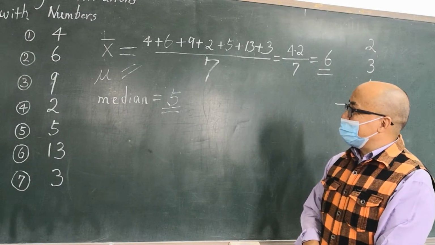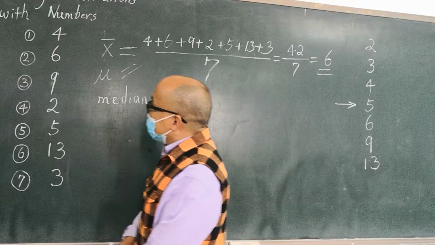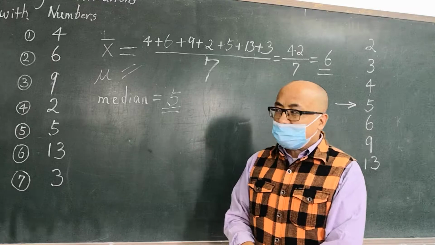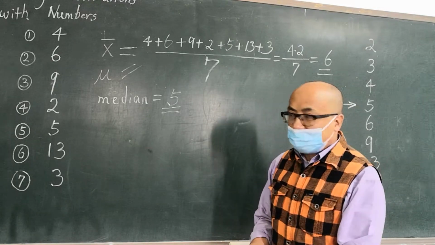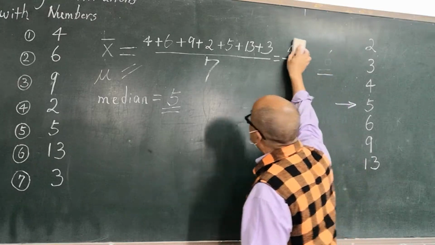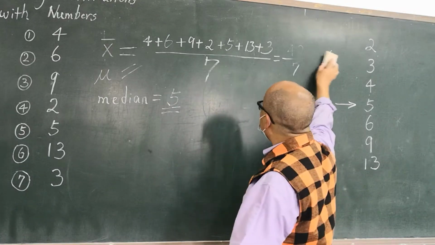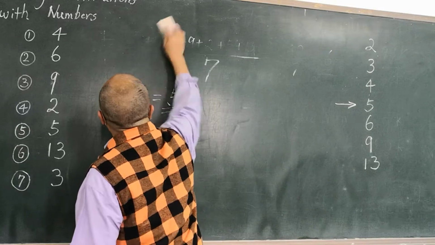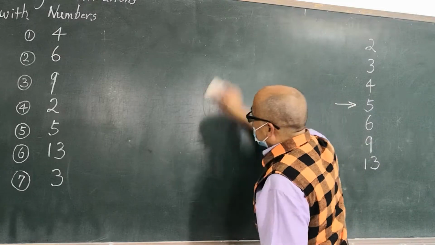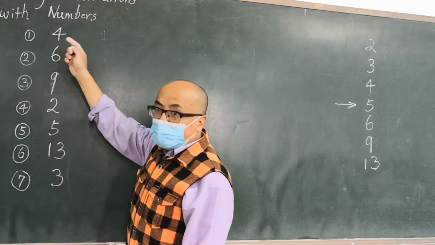Now we move on to the variance. The formula is in your textbook. I need to erase this because you can do this at this level, so I don't need to keep it. So we calculate the distance.